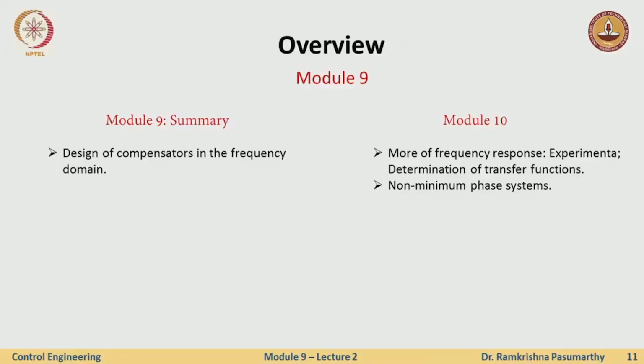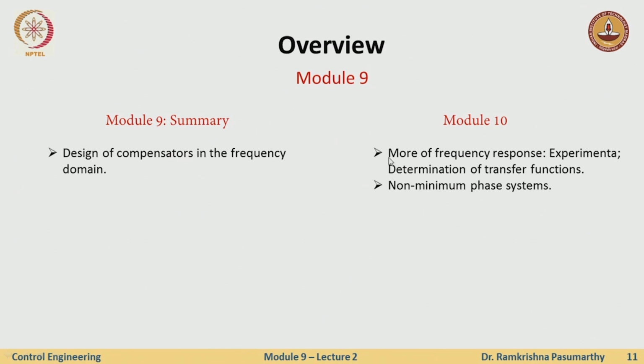So to summarize, what we learned in this module was to design compensators in the frequency domain. In the 10th module, we will do something a little different. These are not necessarily a part of a regular control curriculum, but they are important, interesting and useful things to know.